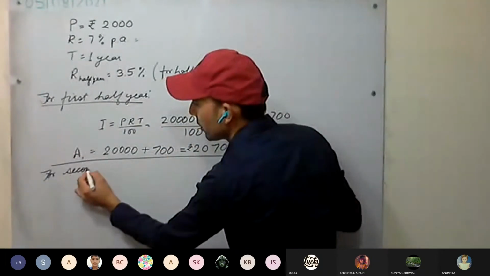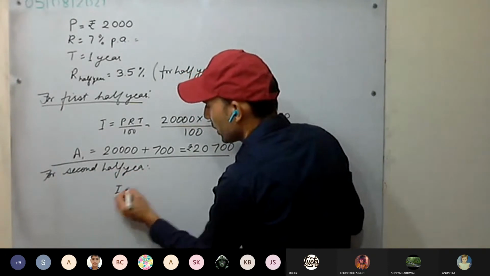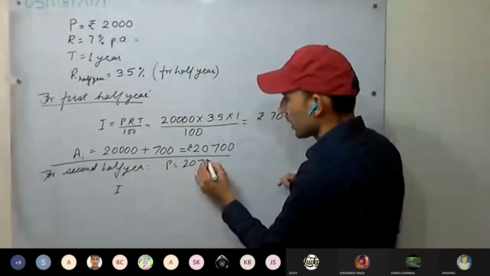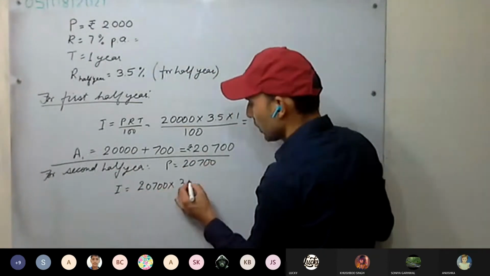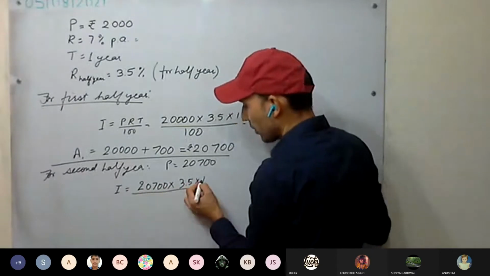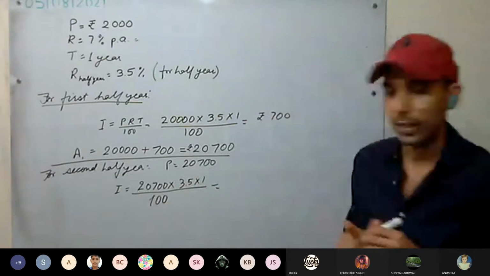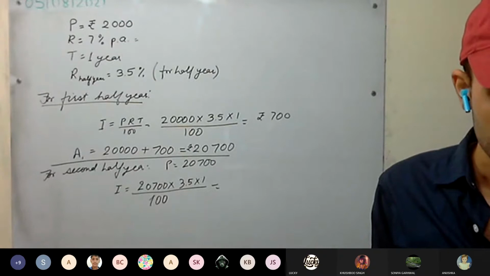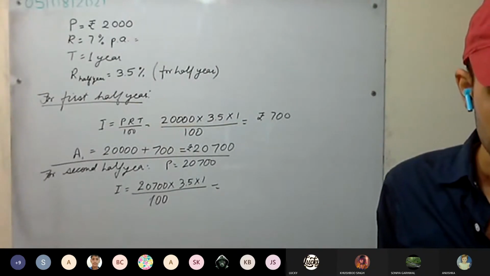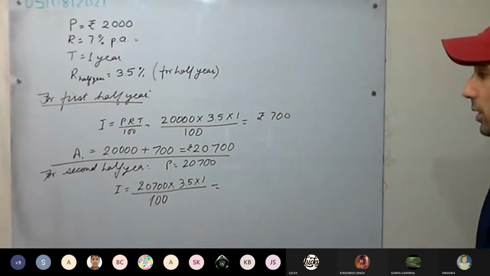For the second half year, this time the principal equals 20,700. Interest equals 20,700 into rate 3.5, again 1 half year, divided by 100. Calculate it everyone and tell me as well.